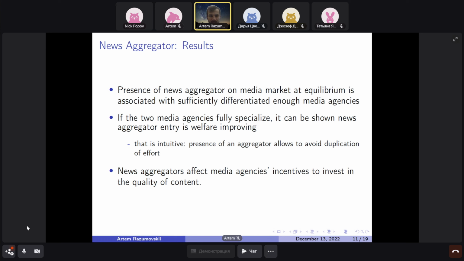Which is not the case when they fight against the aggregator, because then they produce high quality news on the same topics. And this will be duplication of effort. So it's not the result of aggregator activity; it's more like the condition in which the aggregator appears, like an indicator. Yes. Okay, got it, thank you. In total, it's increasable, but I guess we will discuss it in our last exercise.